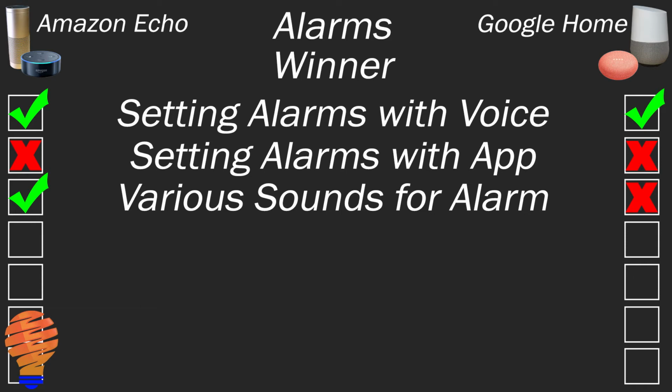We're not talking about the media here. We're not talking about radio. We're just talking about some different sounds that you can use. Google Home clearly does not do this, whereas the Amazon Echo series does allow you to pick various sounds for the alarm. It gives you much more management of the different sounds. You can even set that by alarm.